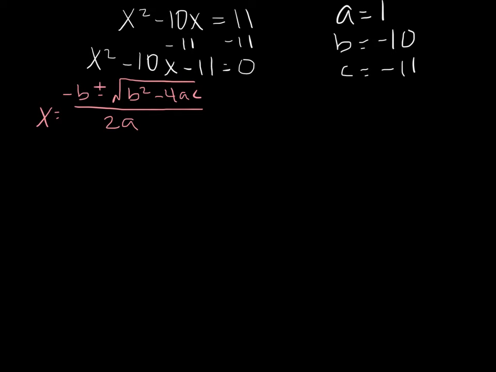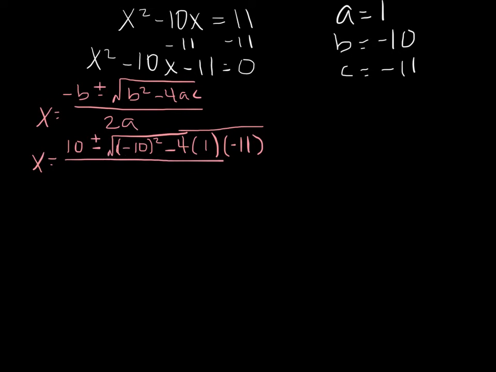So we take x equals, our b is negative 10, so the opposite of negative 10 is a positive 10, so we have 10 plus or minus the square root of negative 10 squared minus 4. A is 1. C is negative 11. All over 2 times 1. Okay?